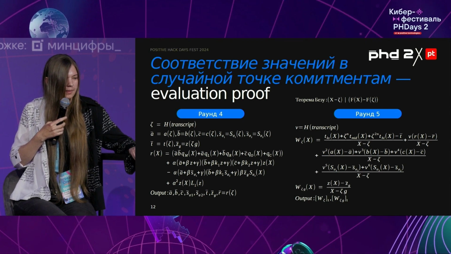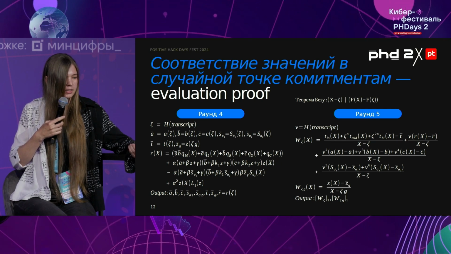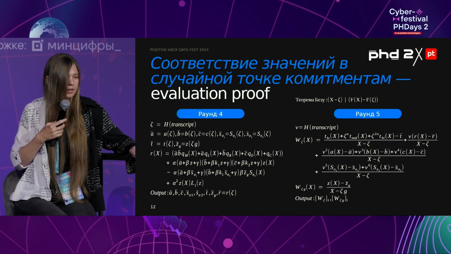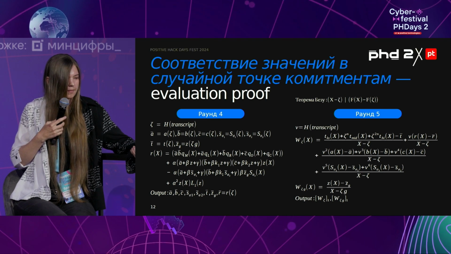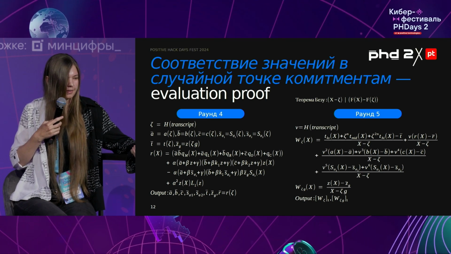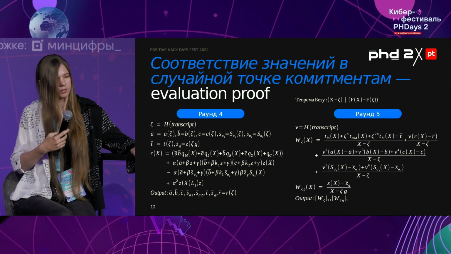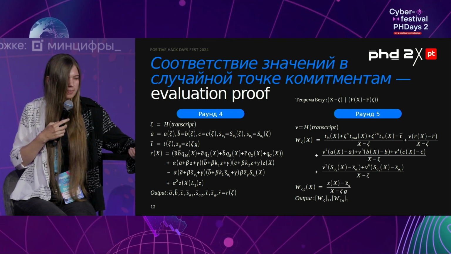For this, we use evaluations. The one who proves provides all the polynomials evaluated at a random point z. So the polynomial z g at the point g z, which is very important for the proof.